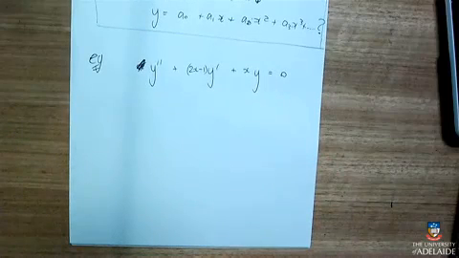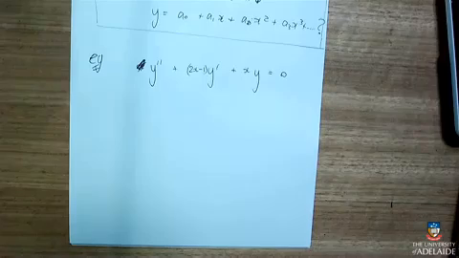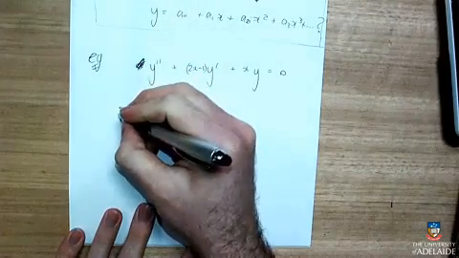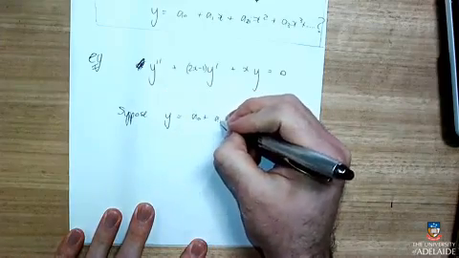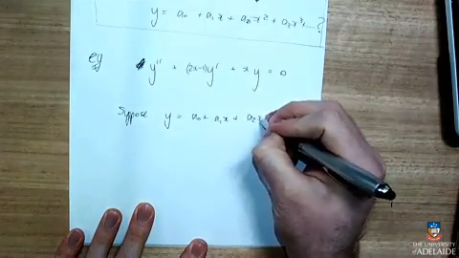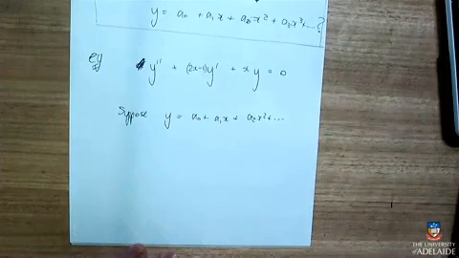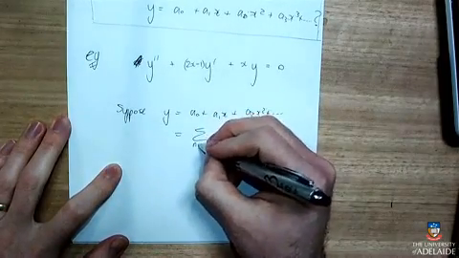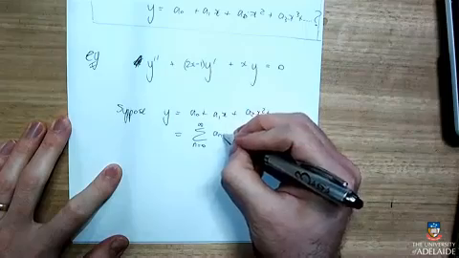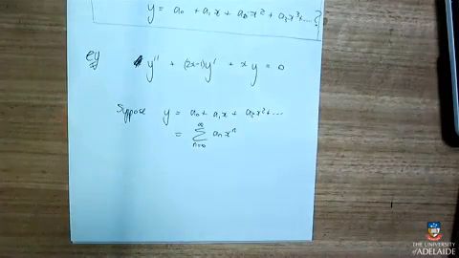Okay, so here's one, and we're going to assume that it has a solution of this form. Okay, so that's my series, and I might as well actually write it as an infinite sum, like that.